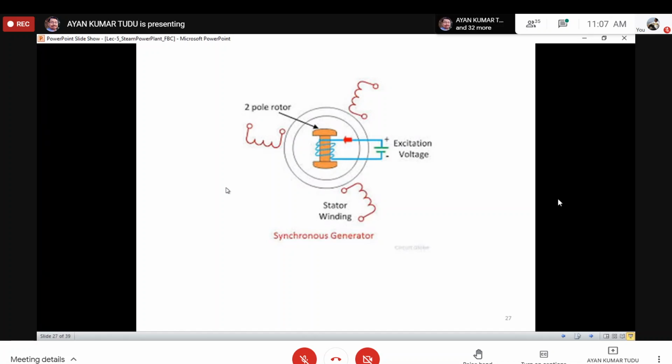This DC excitation system that we are seeing is required to feed the necessary field current to the rotor winding of the alternator.